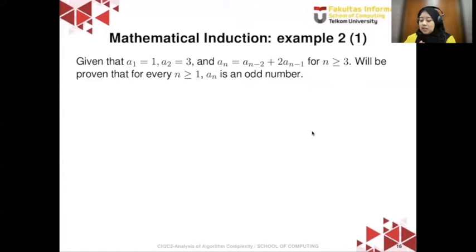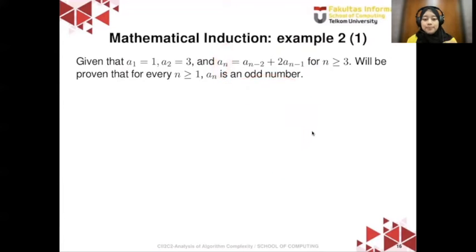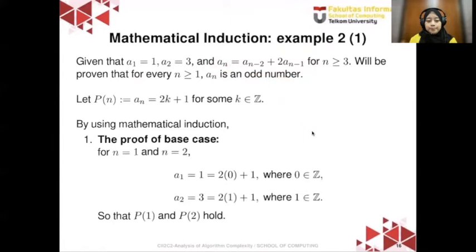Because let us think about P_{j+1}. P_{j+1} will be related to a_{j+1}, and a_{j+1} will be related to a_{j-1}. So a_j alone will not be enough to prove P_{j+1}. Okay, so here we will use strong induction.